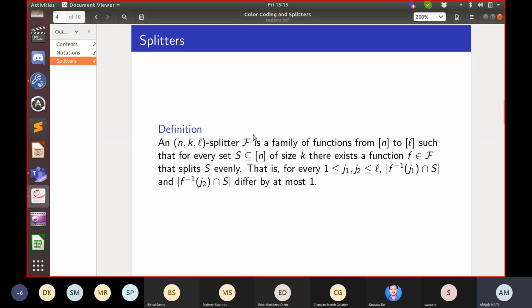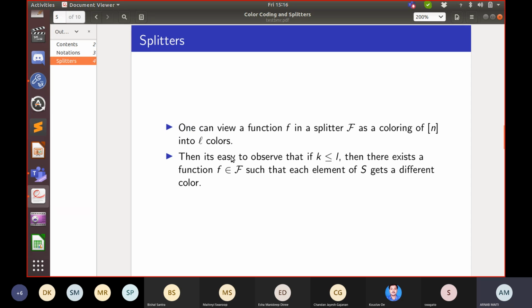What the splitter tries to do is that if you take any set of objects of size K, then there will exist a function f which will color each element of this set S differently. This is what we are looking for. This is a nice family of functions which will be quite useful, which I'll show how. But this is the general aim.